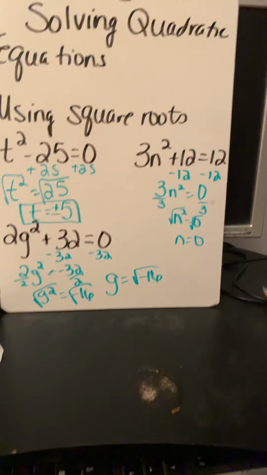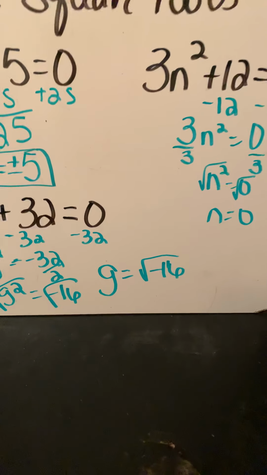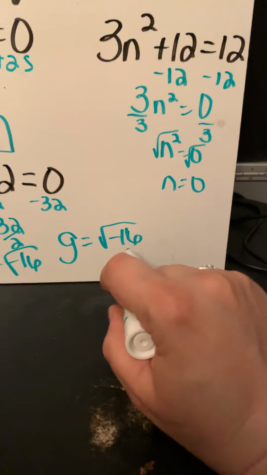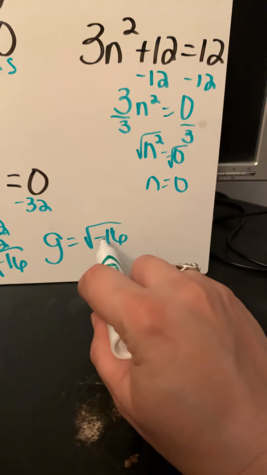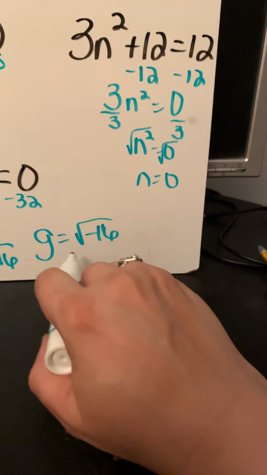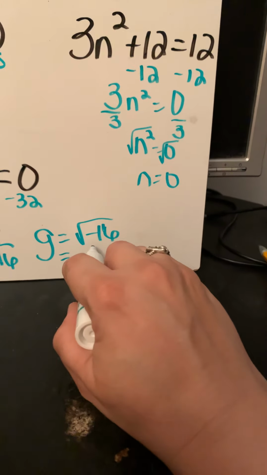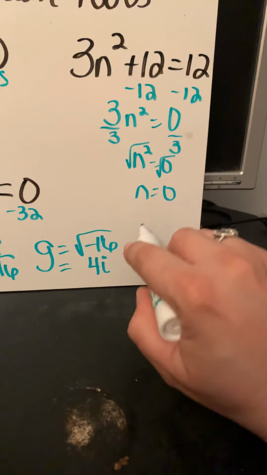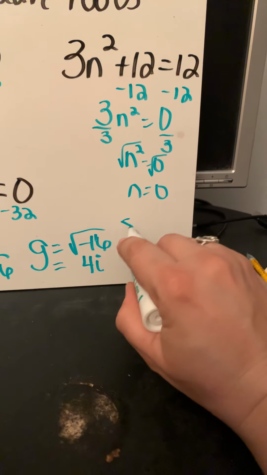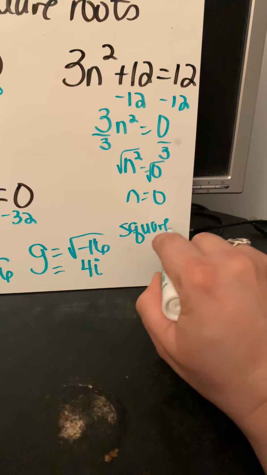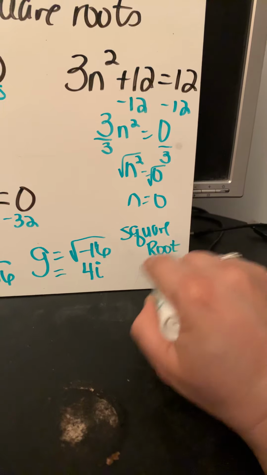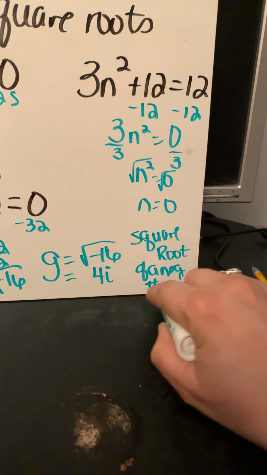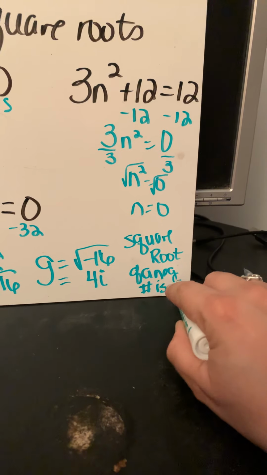And this is something that the book isn't showing you, so I want to make sure that you guys know what this is. So what is the square root of 16? It's 4. Because I have a negative radical, it's an imaginary number. So I would write this as 4i, because the square root of a negative number is i.